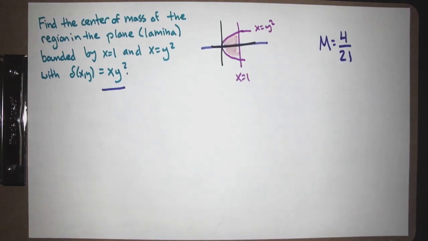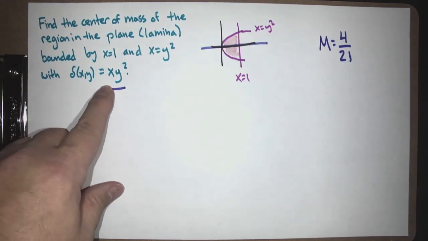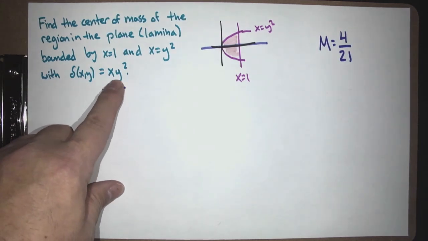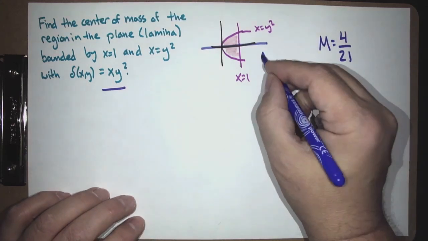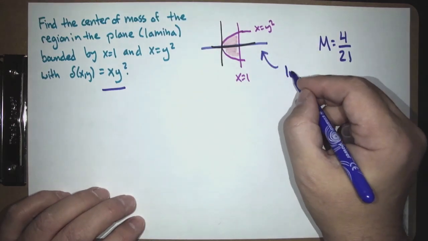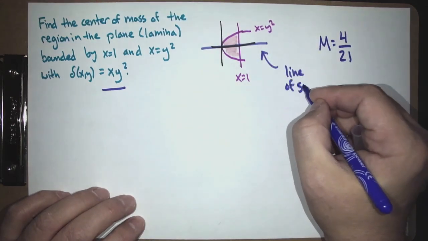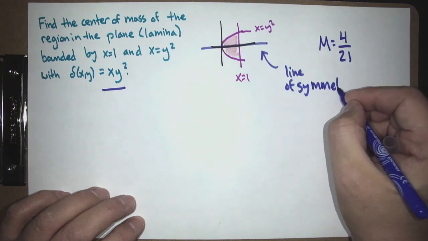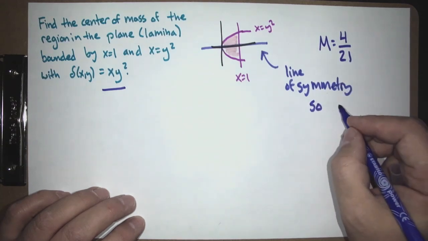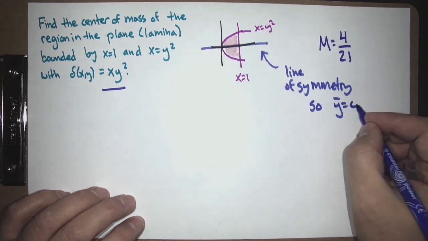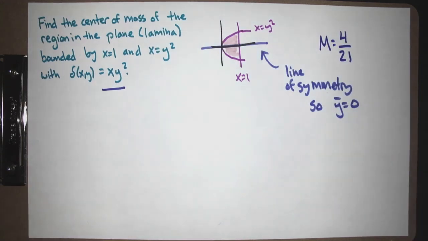And then you have to say, well, if I turn it and flip it over, do I preserve the density? And thankfully the y squared helps with that. So yes, this is a line of symmetry. And so, what does that tell us? Y bar equals 0.